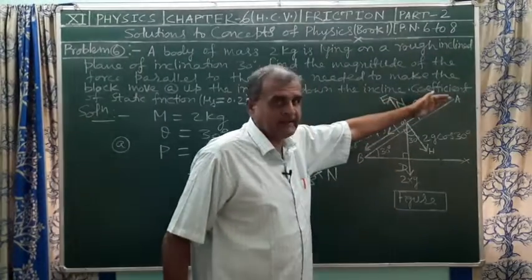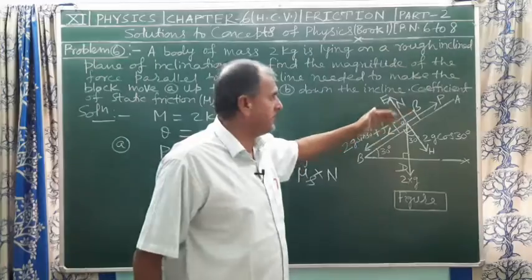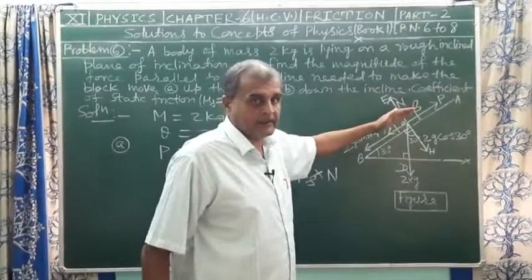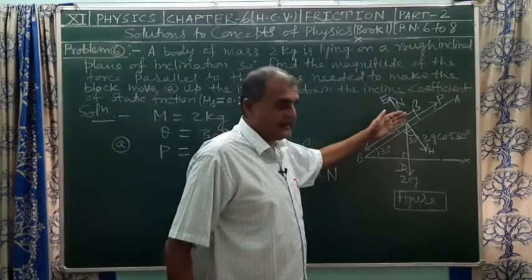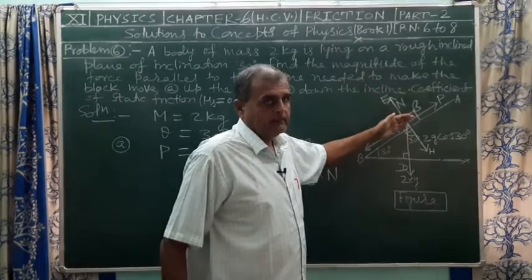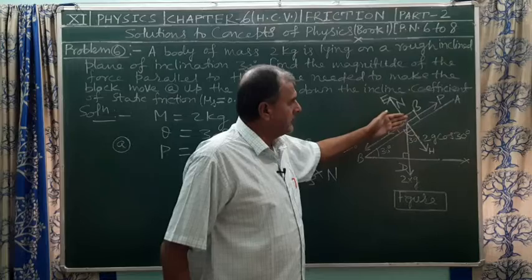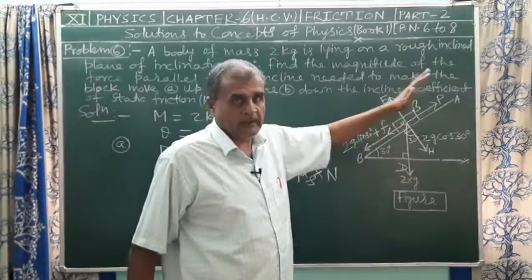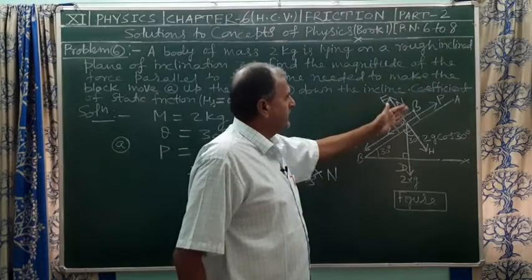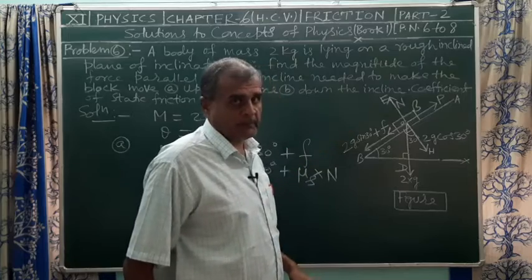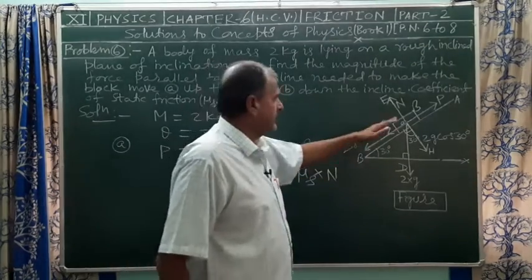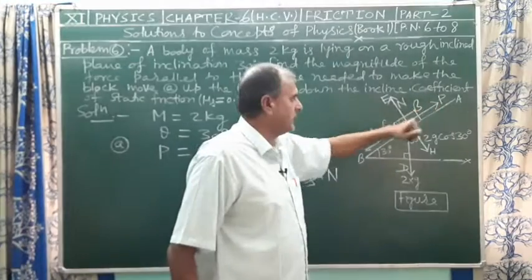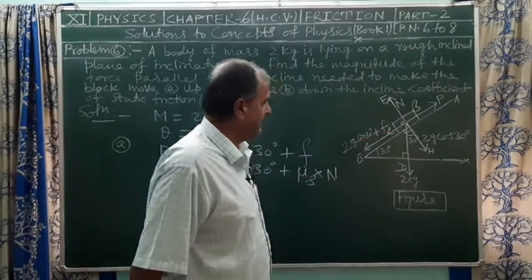Let P be the force parallel to the incline in the upward direction which will move the block in the upward direction parallel to the plane. That is the magnitude of force which we have to calculate, the upward force P parallel to the incline.